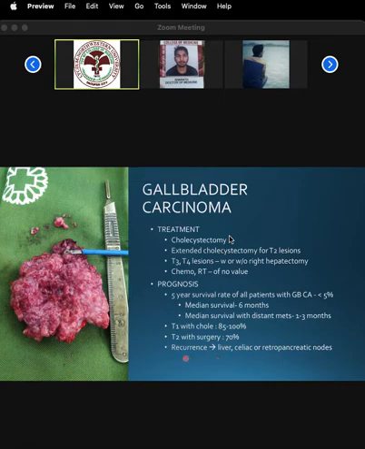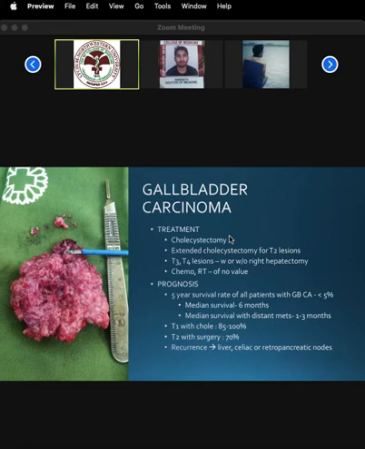The recurrence rate is high, and if they do recur, they recur in the liver, the celiac area, and the retropancreatic nodes. So, what does this tell us? For patients with recurrent gallbladder carcinoma, the prognosis is very, very poor, and these patients usually die because of biliary sepsis or liver failure.